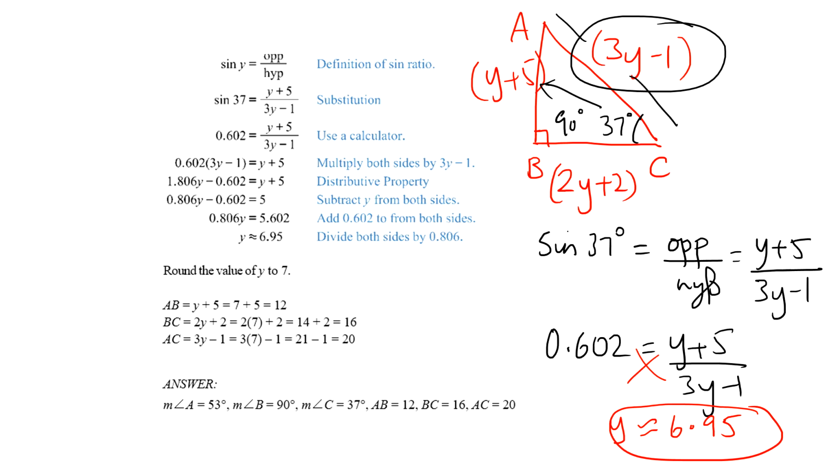Now that you have got the value of y, it's very easy to calculate each of the sides, because AB is going to be y plus 5. Approximately, if I round off the value of y, I will take it as 7. So AB will be 12, BC will be 16, and AC will be 20. So we have used substitution to get these three sides. So this was a question on trigonometry.